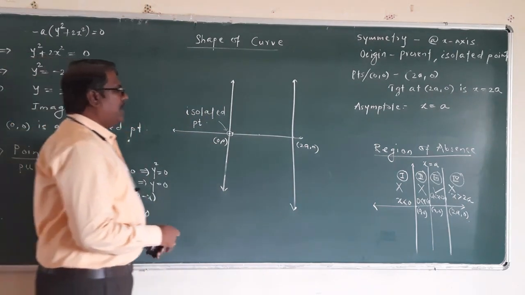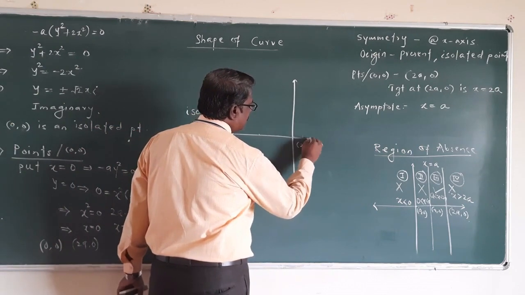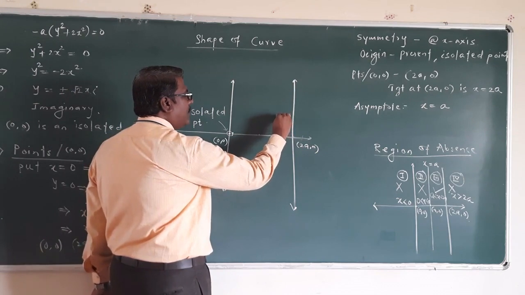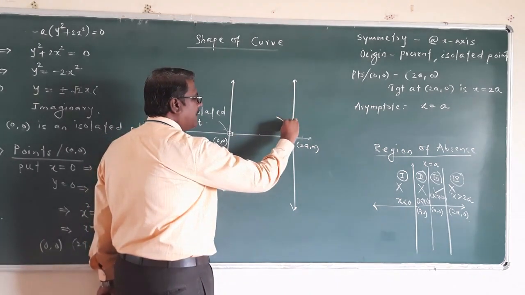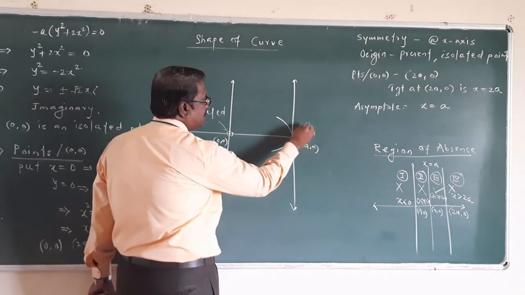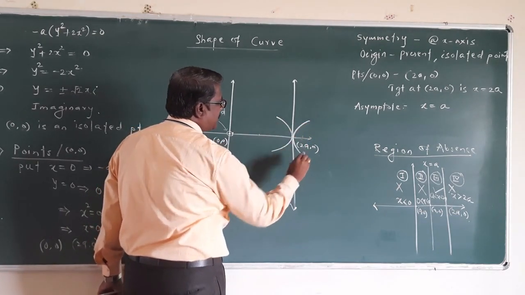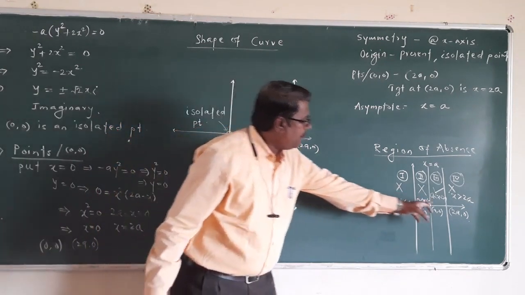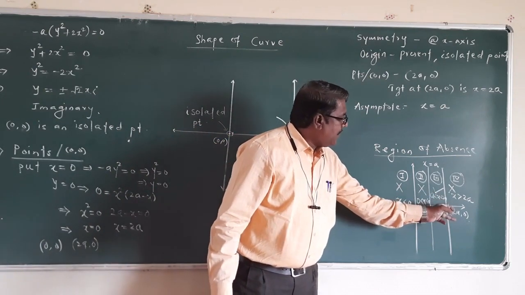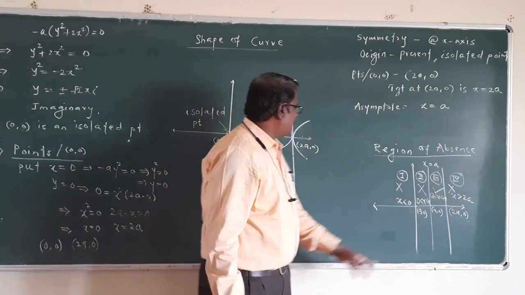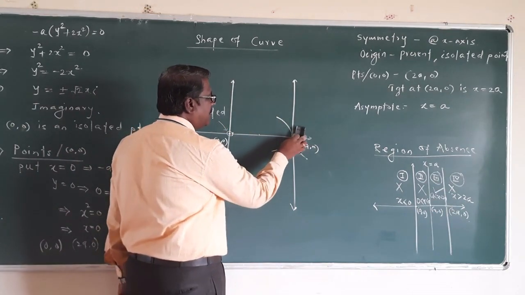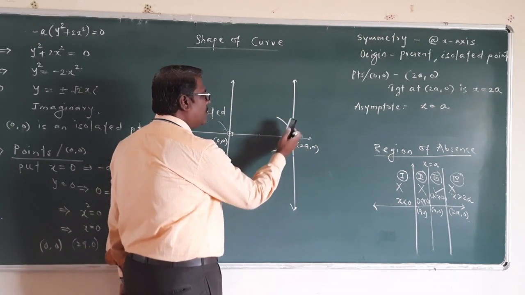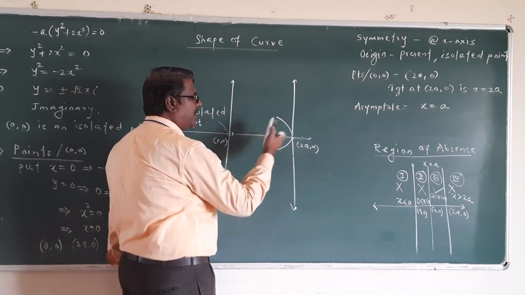Now, if at this point this line is tangent, then the curve may have the shape either like this or like this. But in the region of absence, before 2a the curve is present, but after 2a the curve is absent. So whatever curve I have drawn on this side, I will erase. The part of the curve lies on this side, and that is the third partition.